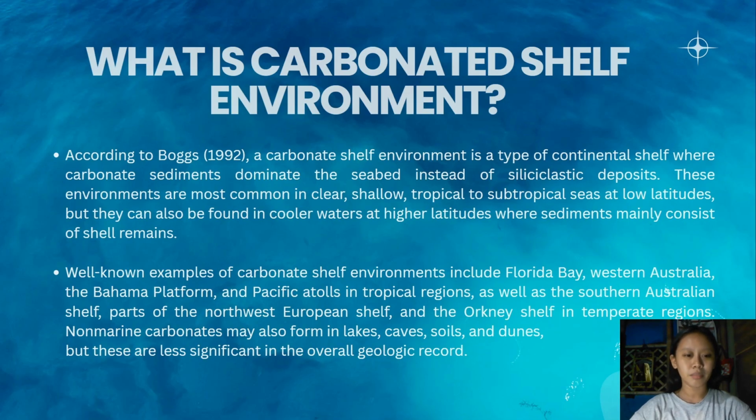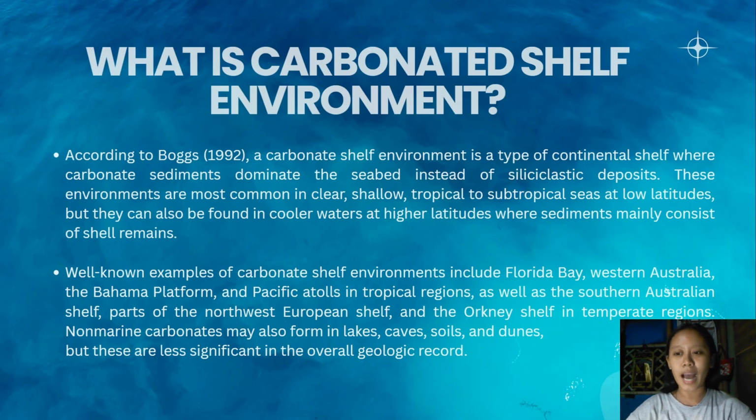Non-marine carbonates may also form in lakes, caves, soils, and dunes, but these are less significant in the overall geologic record. So in simple terms, a carbonate shelf is a part of the ocean floor where most of the sand and mud comes from things like shells and coral instead of regular sands from rivers.